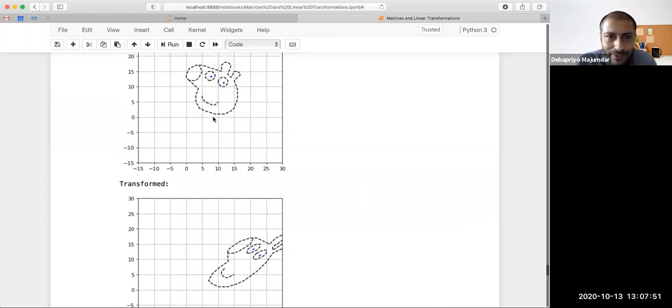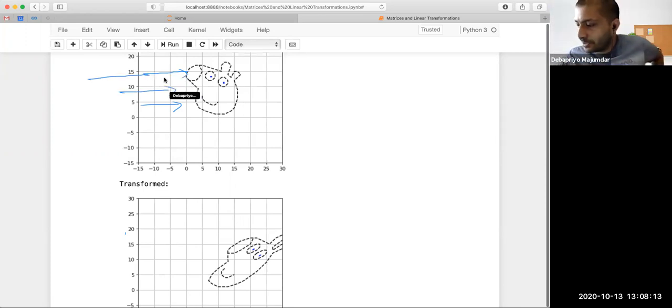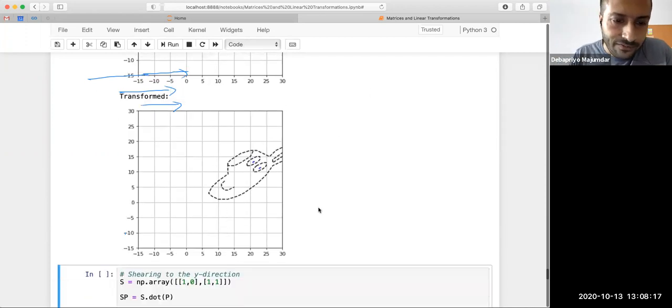At 0 0 you are fixed, but it's as if somebody has pushed Peppa Pig, more on the top and a little bit less at the bottom, like this, right? So then it has come to this kind of picture. So that is shear.